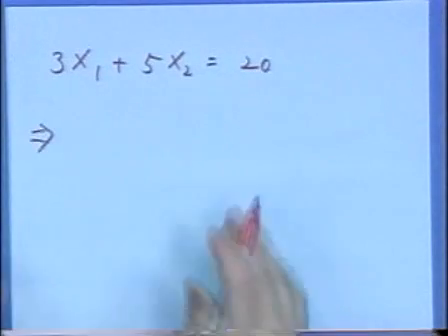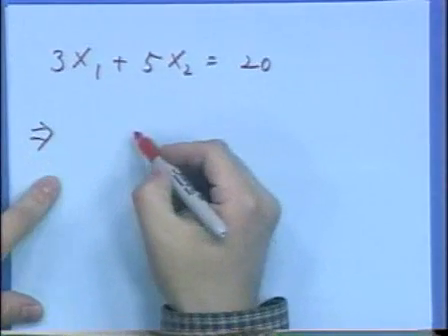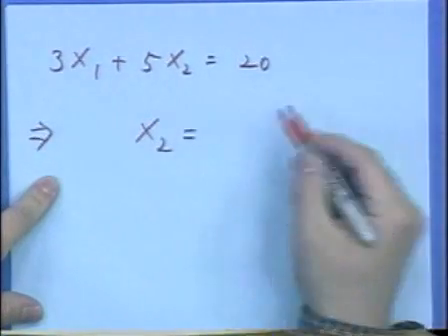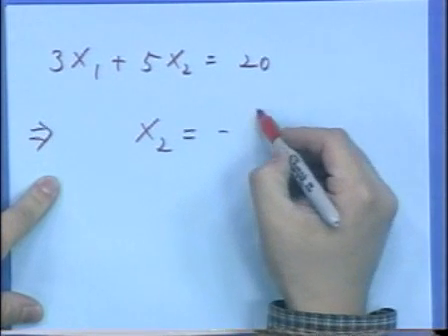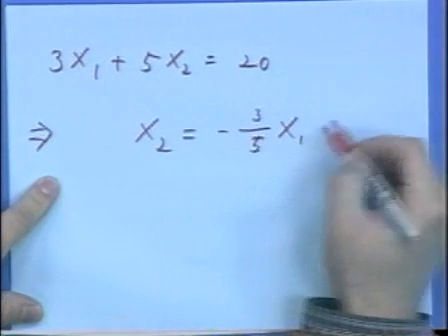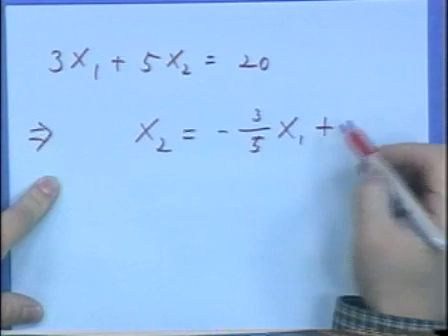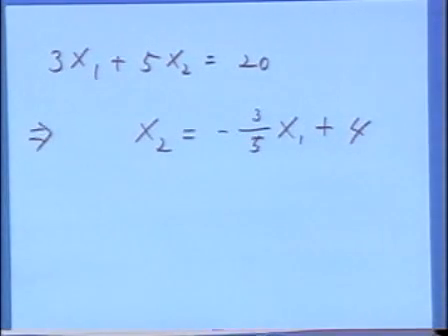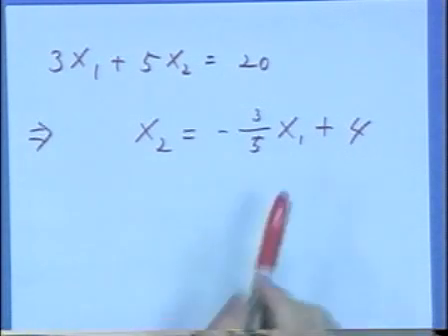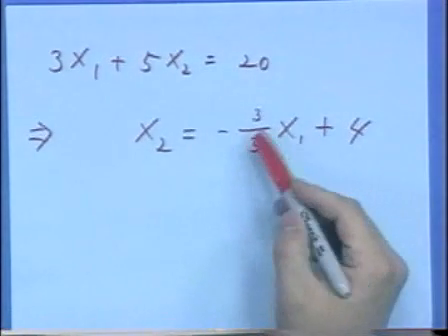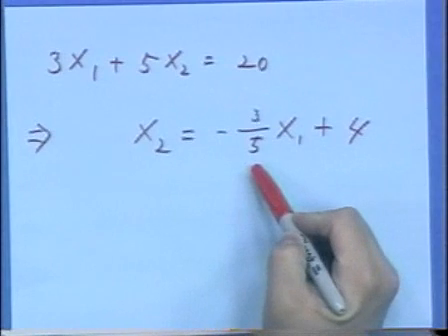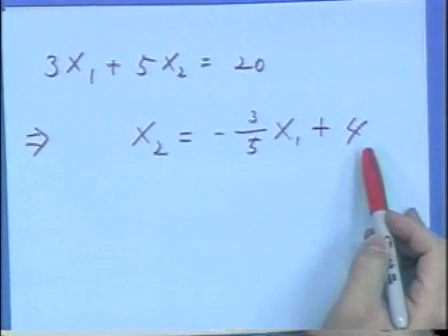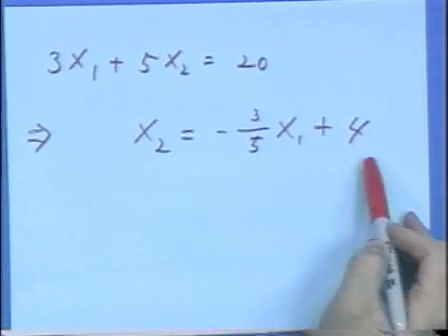So this can be rewritten as x2 equals minus 3 over 5 x1 plus 4, right? Which means this line has a slope of negative 3/5 and x2 intercept 4, right?